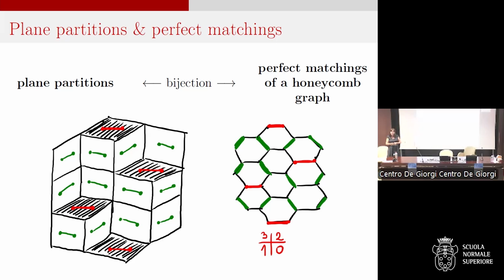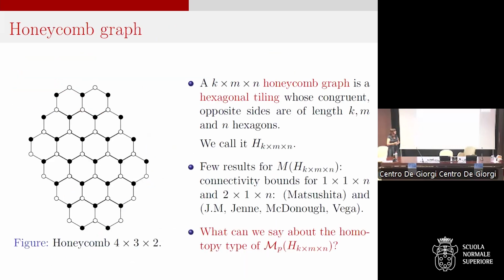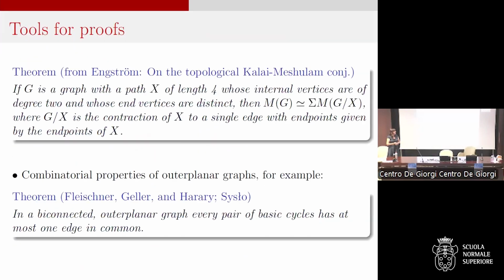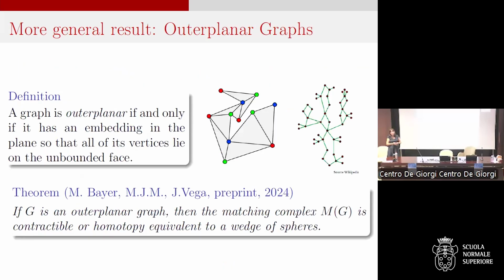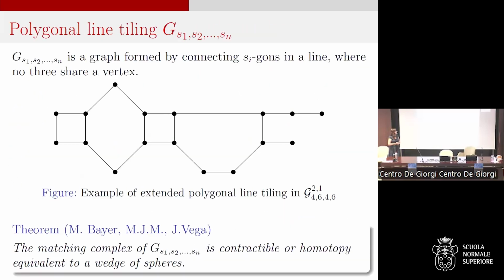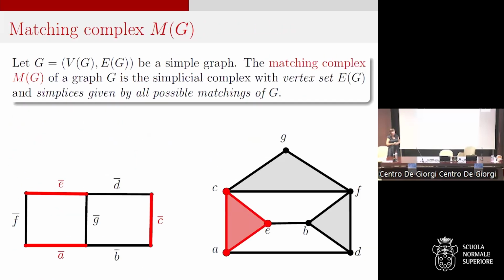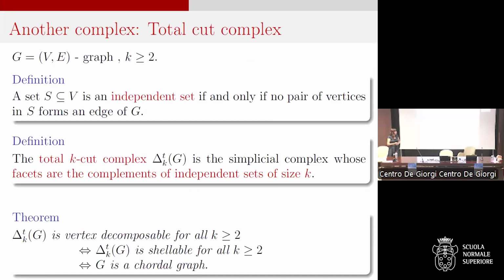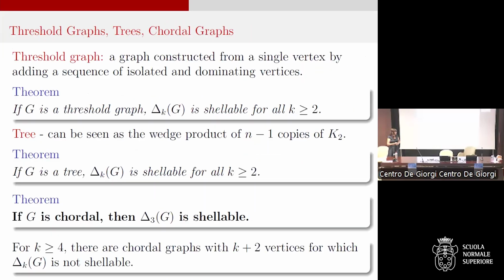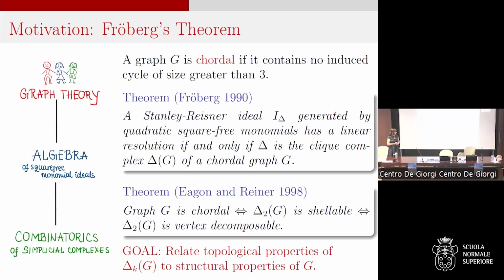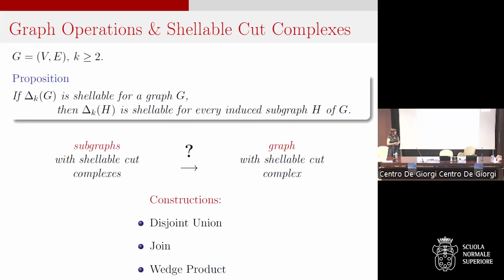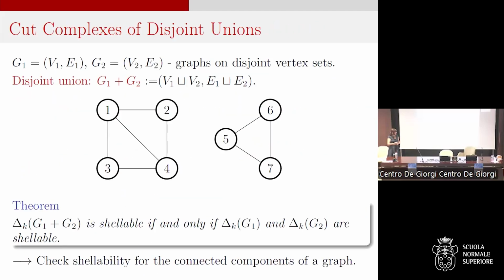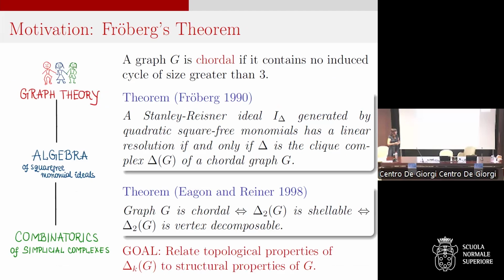My question goes back to cut complexes and shellability. It was known for k equals 2 previously, if I got it right, like a classic result, so to say. And then you also proved k equals 3. So Engström and Reiner proved this equivalence for delta 2, for k equals 2.